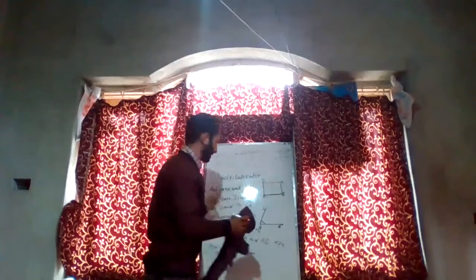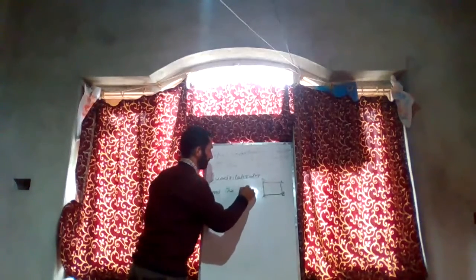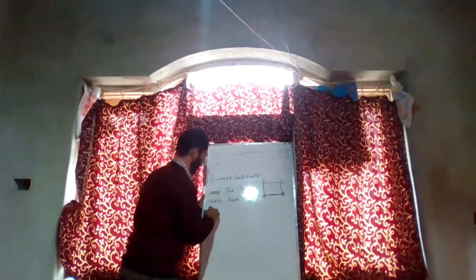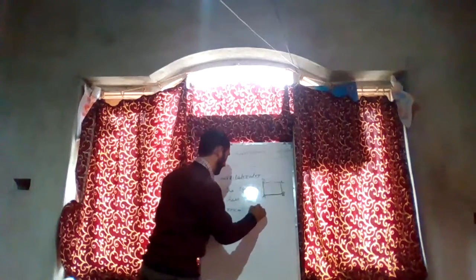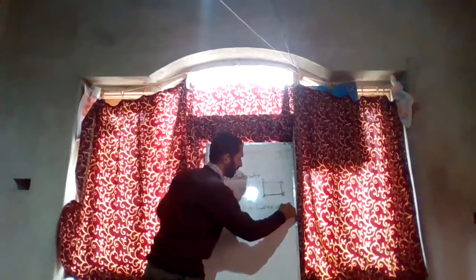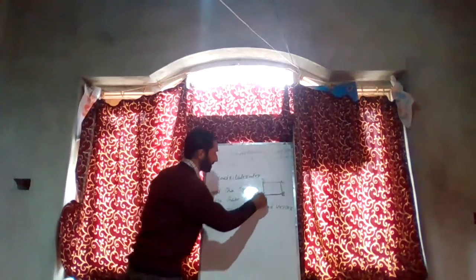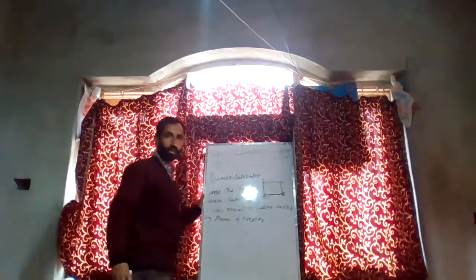Side AB and side AD are adjacent sides, and the point where these two sides meet is called a vertex. Point A is a vertex.